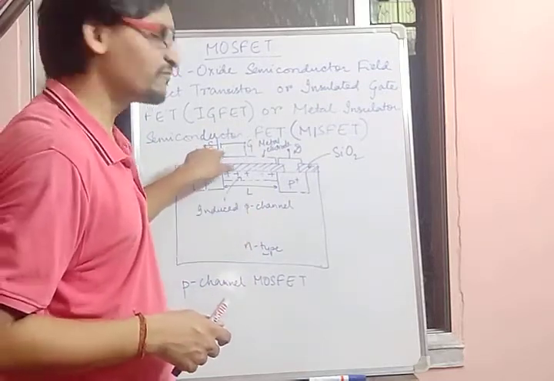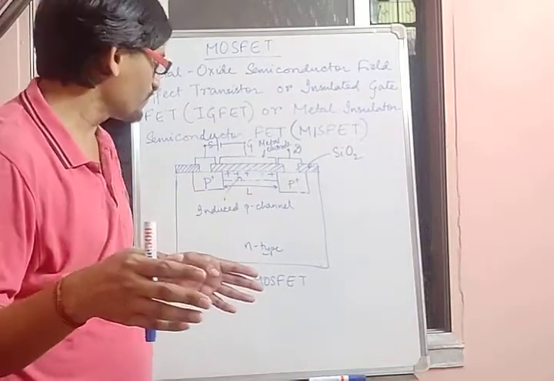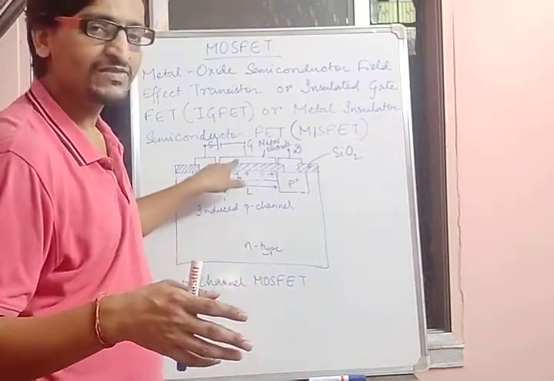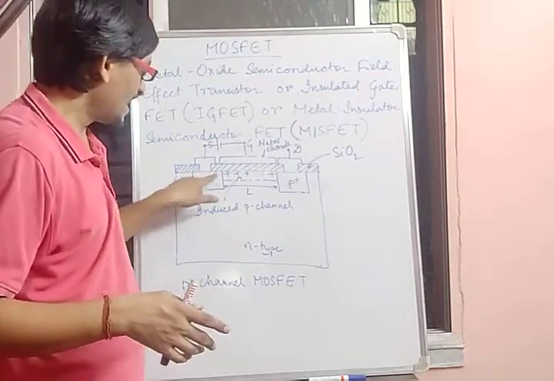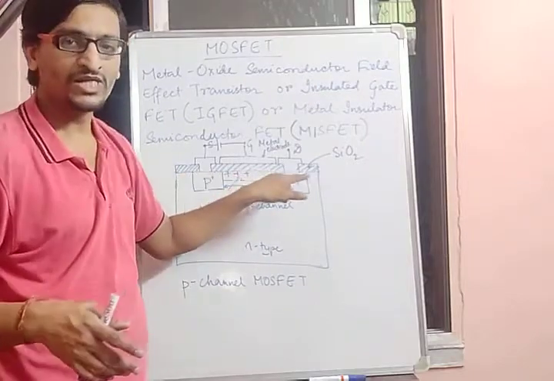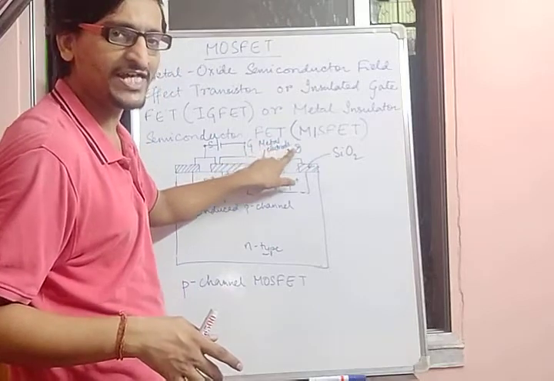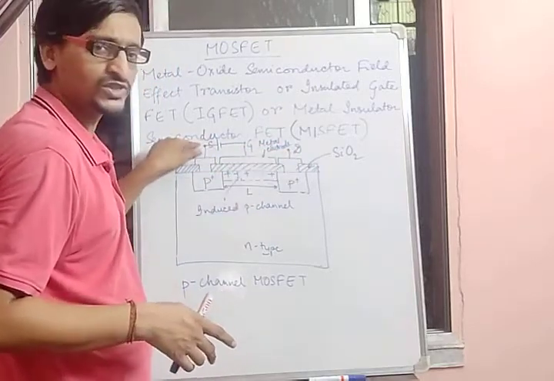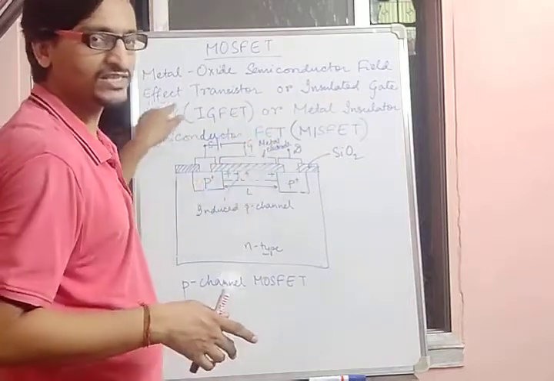So once this negative voltage goes beyond the threshold voltage, it will attract the holes from the N-type substrate, and as a result a channel will be formed. Now, if I apply a negative voltage at this drain terminal with respect to source, your holes will start to flow in this path.